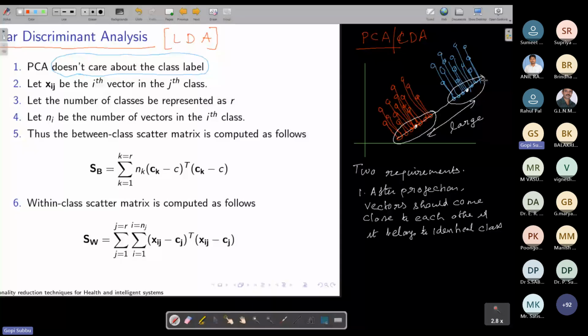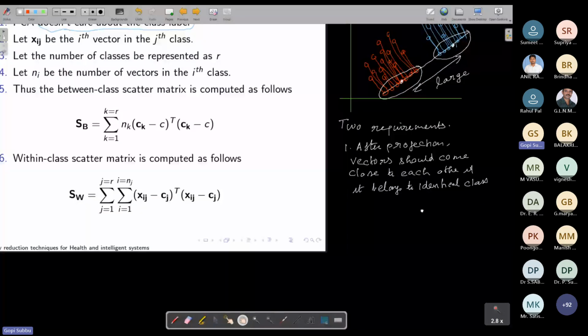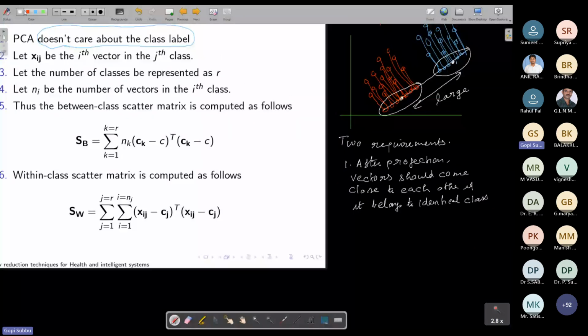The second requirement is the centroid or mean. The mean vectors for the individual classes after projection should go apart.